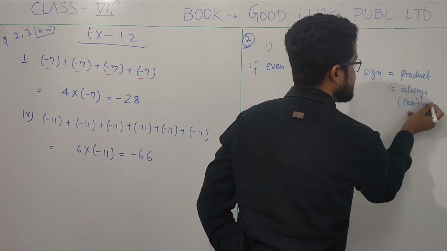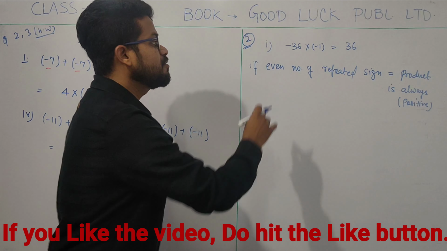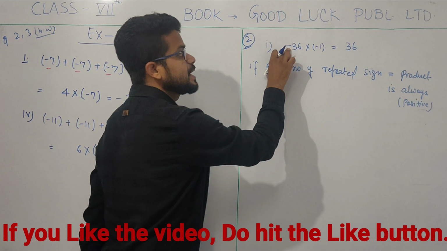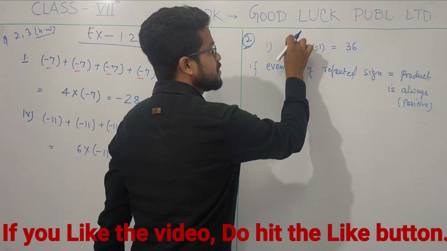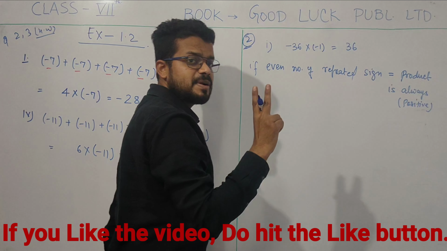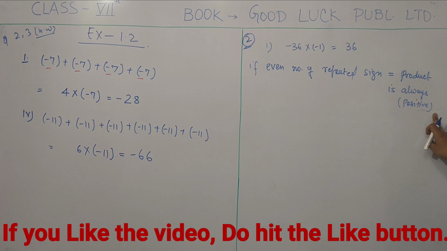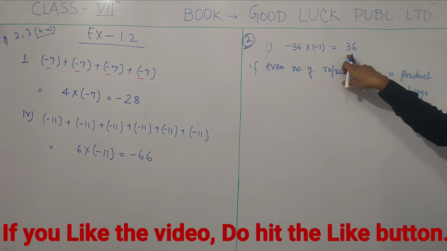Remember this, always positive. Whenever there is an even number of repeated signs, here this is minus and this is minus, 1, 2. Minus is repeated 2 times, so the product is always positive. So here this is 36.